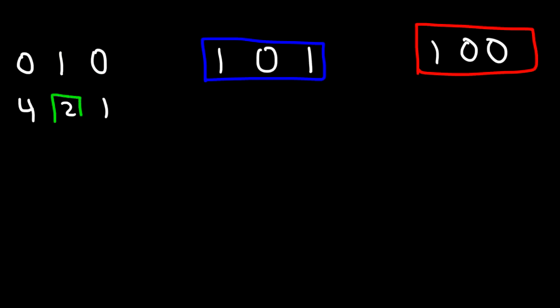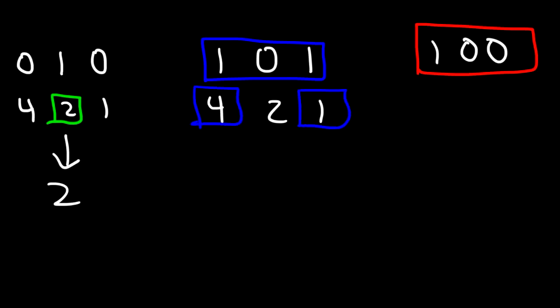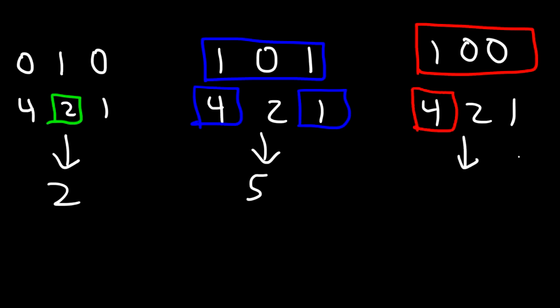So we only have a 1 next to the 2, so the decimal equivalent here is going to be 2. In this example, we have a 1 next to the 4 and the 1, so 4 plus 1 is 5, thus the decimal equivalent is 5. And for the last example, we only have a 1 next to the 4. So 100 as a binary number equates to 4 as a decimal number.